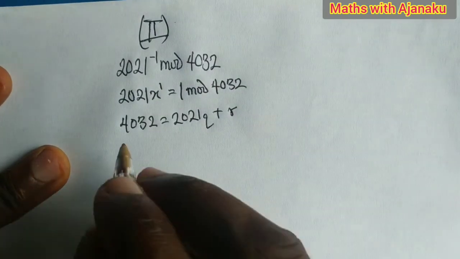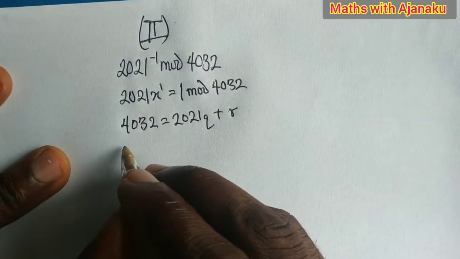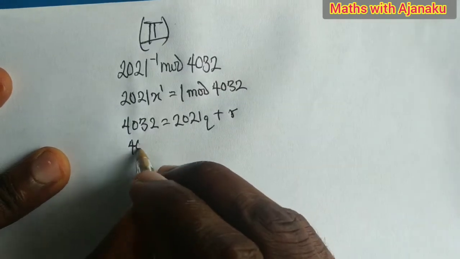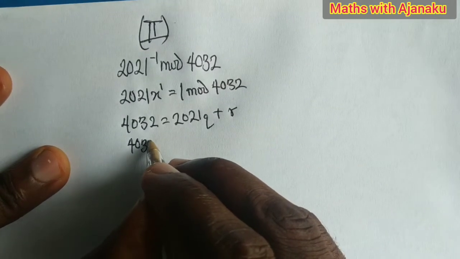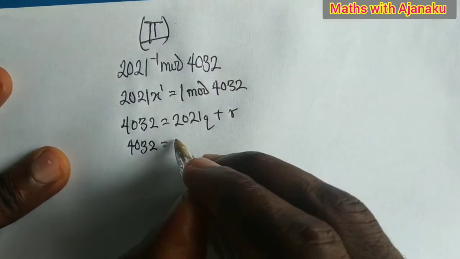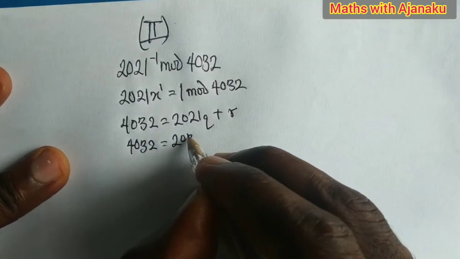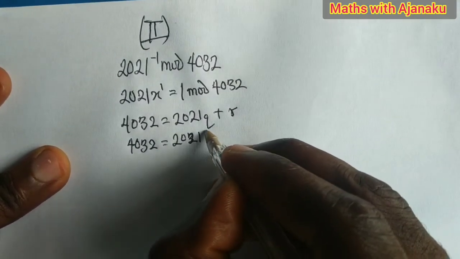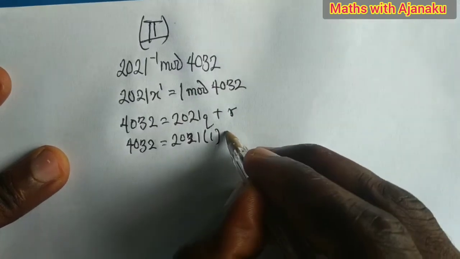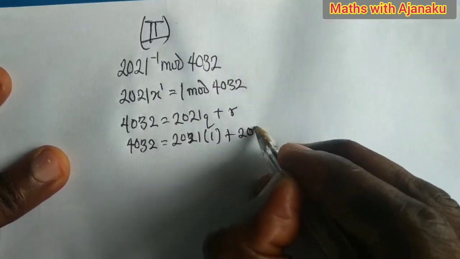So splitting 4032 in that form, 2021 will go there just once, plus the remainder 2011.